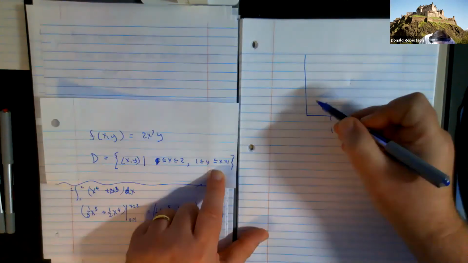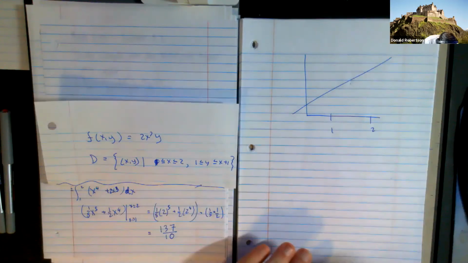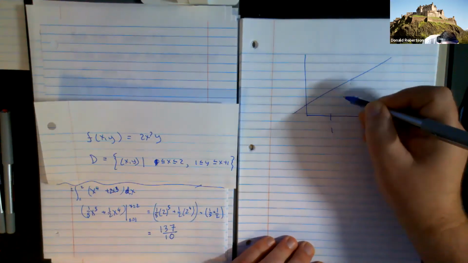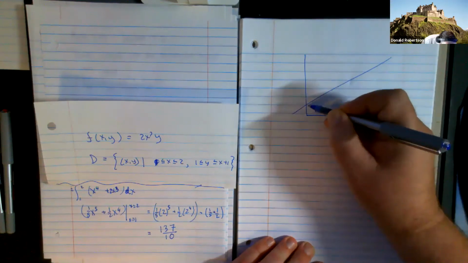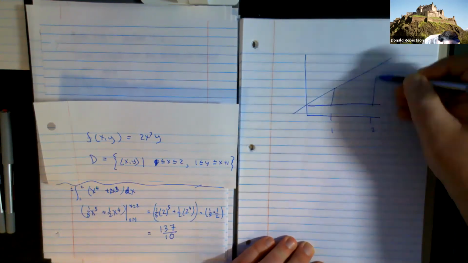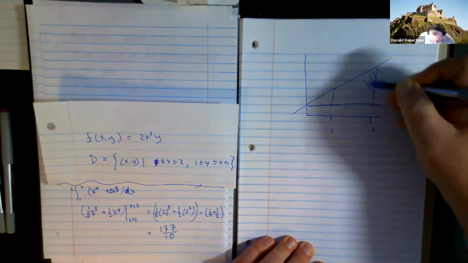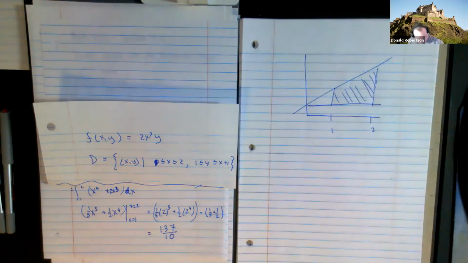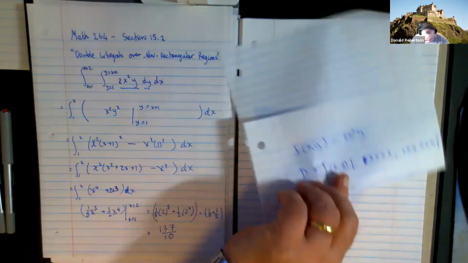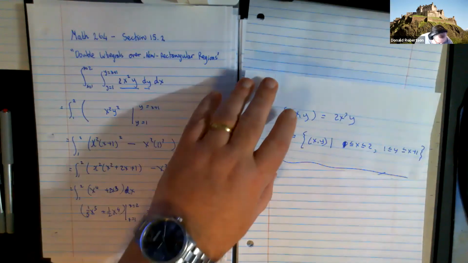The straight line looks something like that. So you're going to go from y equals 1, which is basically here, to that curve there. So that shape there would be the equivalent to this information.